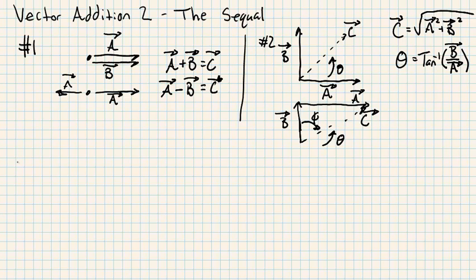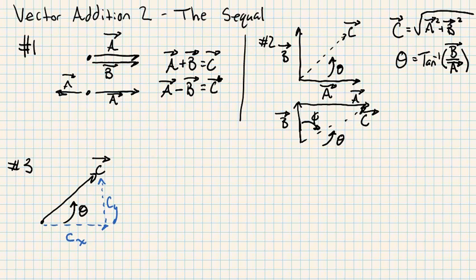So those are the first two rules, and then our third rule that we came up with in a separate video was that we can take vectors apart. If you have a vector C up at some angle, lifted above some angle, and it's not in the x-axis, it's not in the y-axis, it's just pointed out there at some angle, we can break that into components. We can get a Cx, and we can get a Cy.